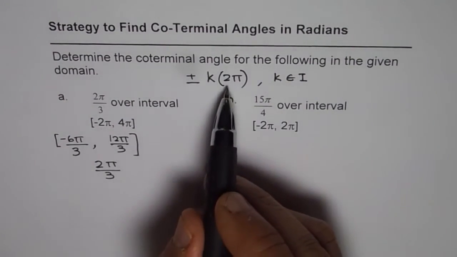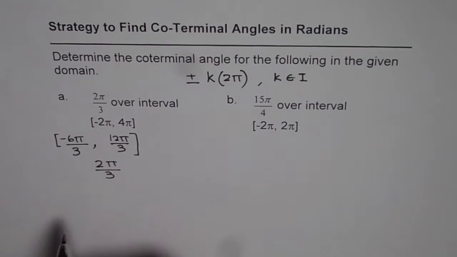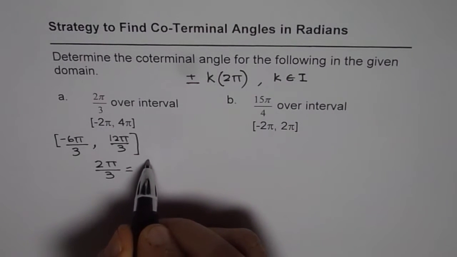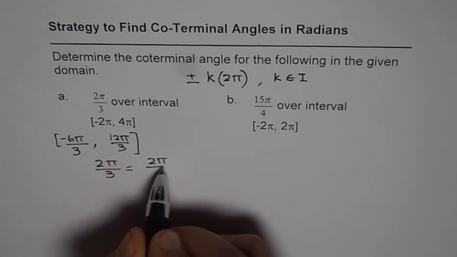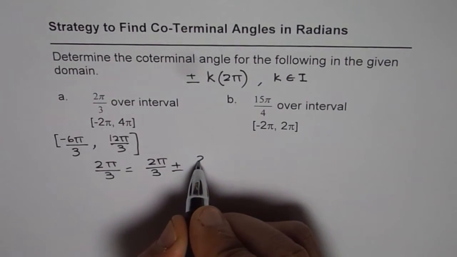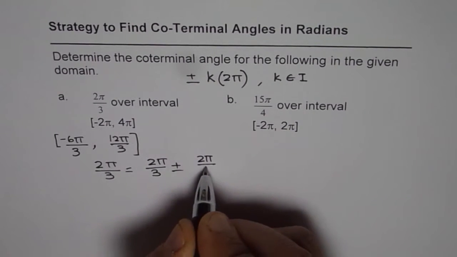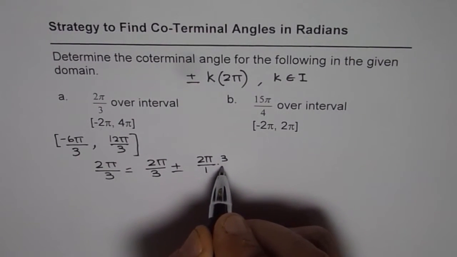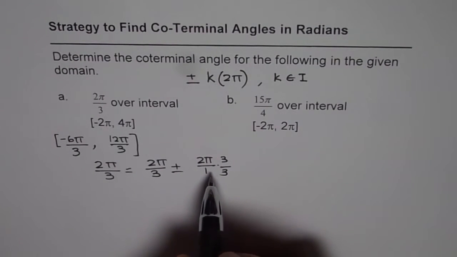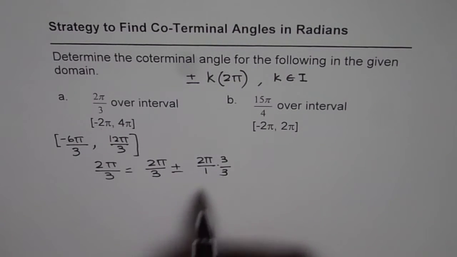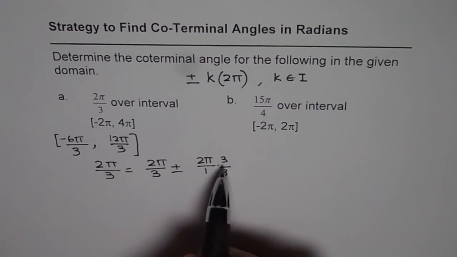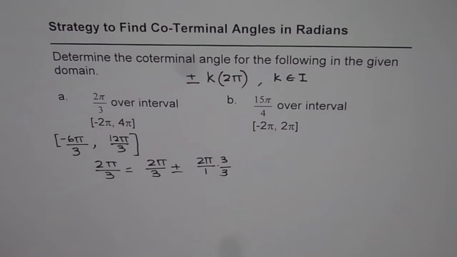Now 2 pi also means with denominator of 3, I could write 2 pi as 2 pi by 1, I'll multiply by 3 both numerator and denominator. So in that case, what I'm really doing is I am adding and subtracting 6 pi by 3. Do you see that? So in 2 pi by 3, we will add and subtract 6 pi by 3 and get our answers.